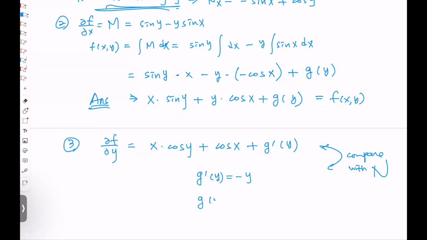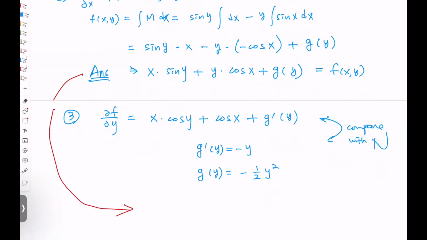That means g of y equals negative 1 over 2 y squared. Then the answer is going to be x times sine y plus y times cosine x minus 1 over 2 y squared. I forgot to put c there. So you can say equals c or plus c equals 0.